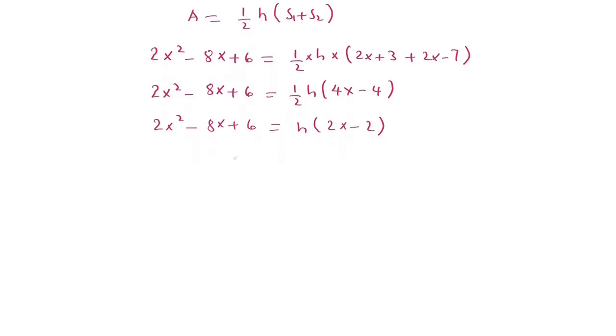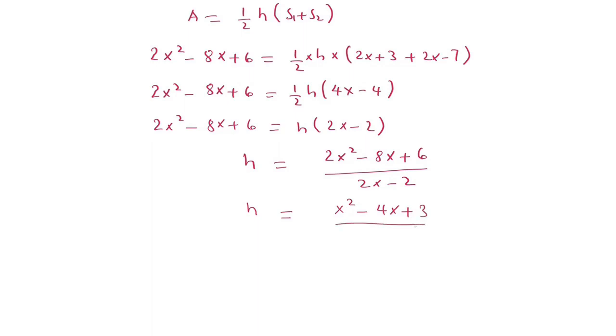Our equation is going to be h equals 2x squared minus 8x plus 6 over 2x minus 2. So let us now simplify the values in our fraction. Our equation is going to be h equals x squared minus 4x plus 3 over x minus 1.